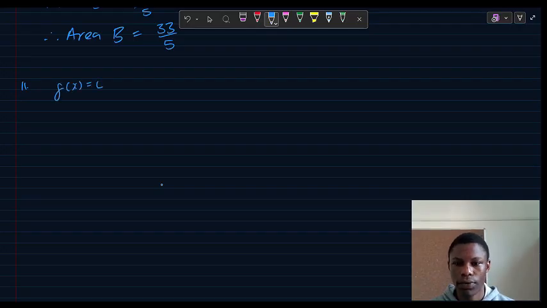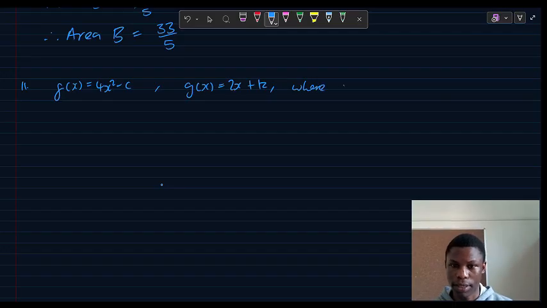Number 11. Functions f and g are defined for all real values of x by f of x is equal to 4x squared minus c, and g of x is equal to 2x plus k, where c and k are positive constants.